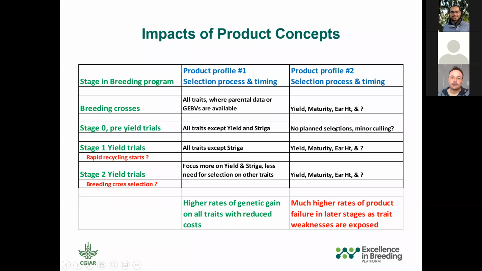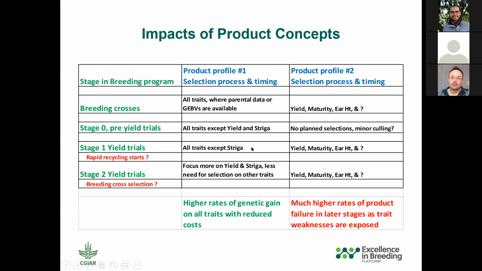Okay, in this other program, I'm not sure they're just doing minor culling or what. But now it really starts to impact the budget, because if they're not doing effective culling at this point, then we're getting to these yield trials, which are starting to get more costly, and I'm carrying more entries that are just going to be dropped later. Now, as we go into stage 1, we are selecting for all traits except Striga and have clear criteria.